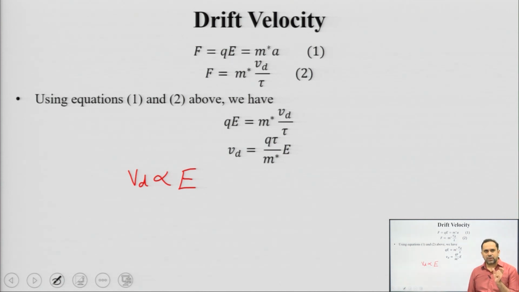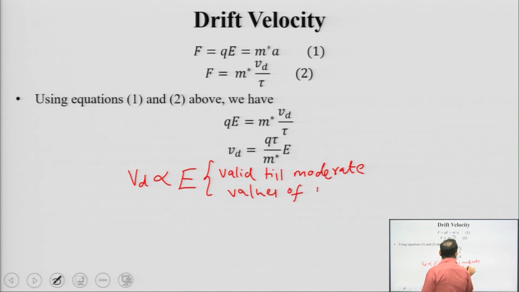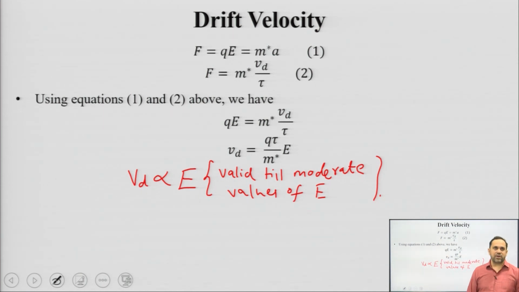Now, this relationship of V d, drift velocity, being directly proportional to the electric field, always keep in mind that this relationship is valid till moderate values of E. At very high electric fields, we are going to see later on that this relationship does not hold true, but for now for the discussion of drift current, we can safely say that the drift velocity is directly proportional to the electric field applied across the semiconductor, and the constant of proportionality is this.